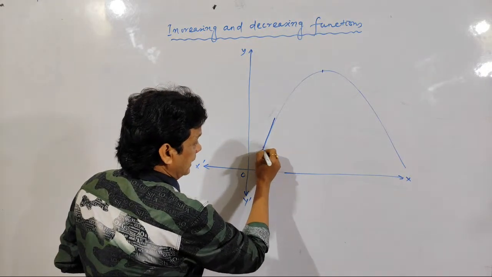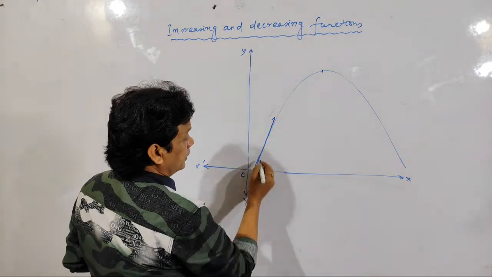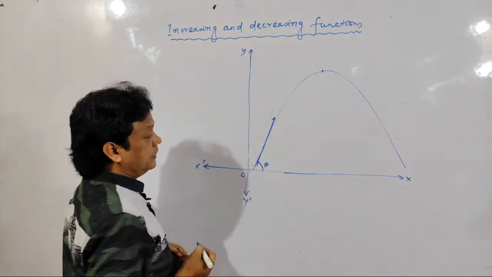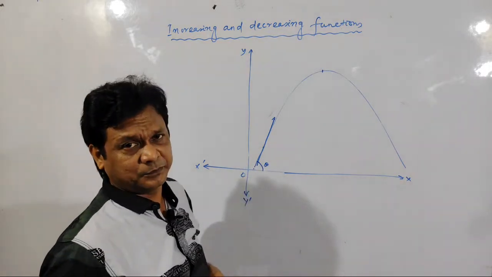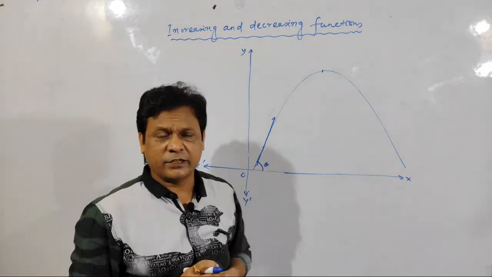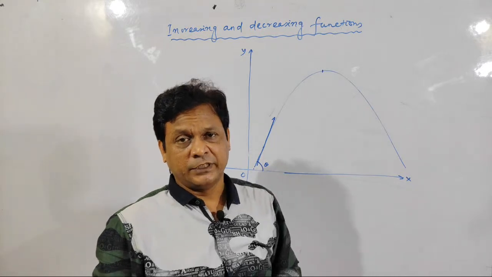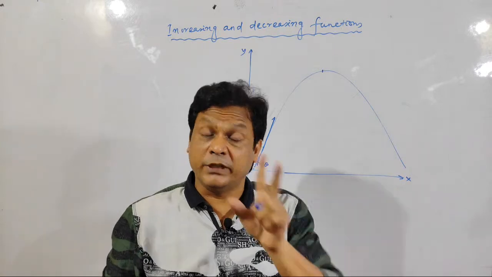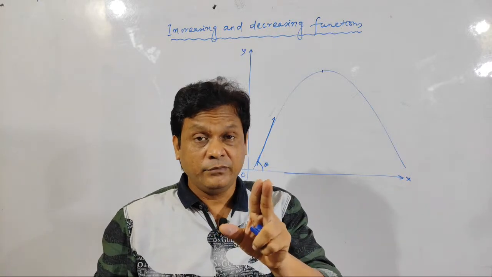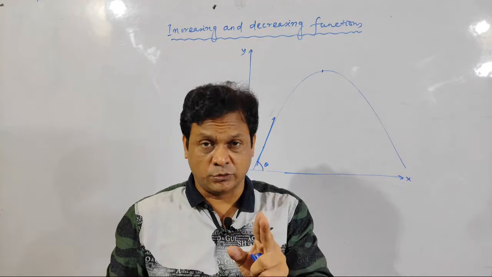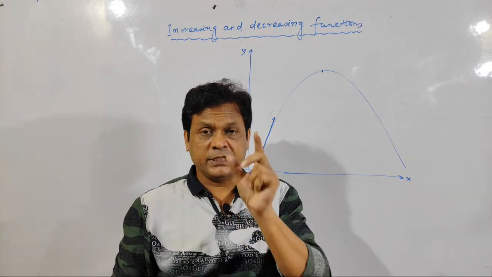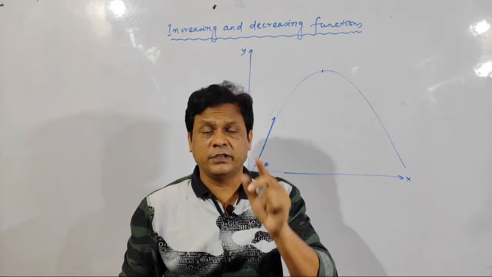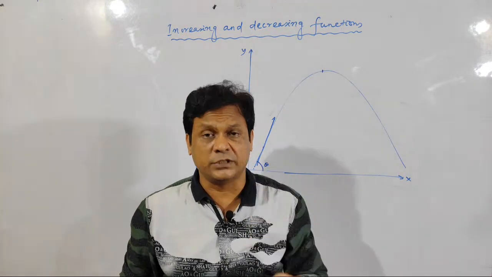So let us see here. If we draw a tangent here, then the tangent will make angle theta here, and theta is acute for us. If theta is within 0 to 90, tan theta will be positive, because in the first quadrant all are positive.